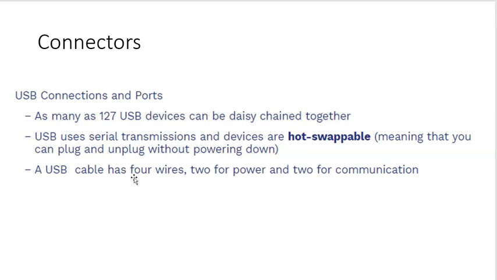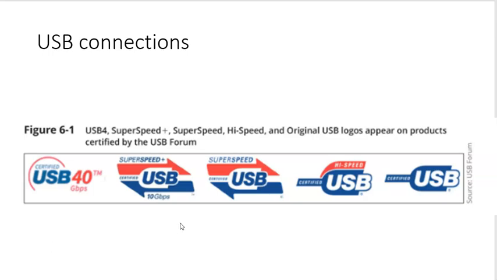And I'm going to take a look here at some different USB connectors. Now, USB is the original USB. It was, oh gosh, I can't remember. I think it was supposed to be like 5 megabit per second or something like that.